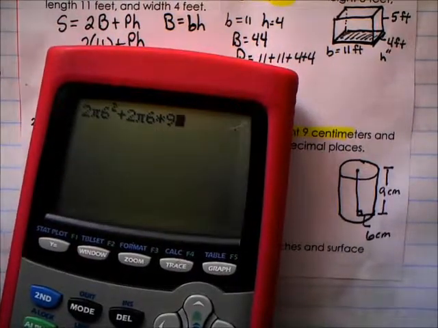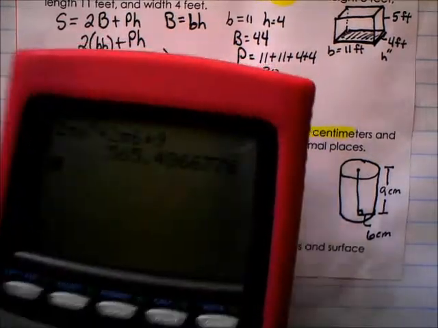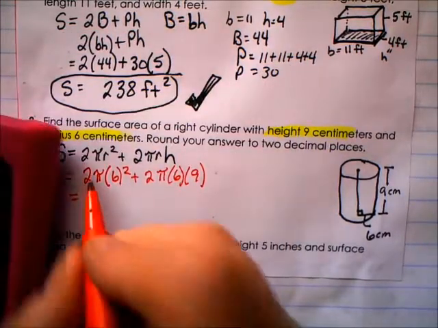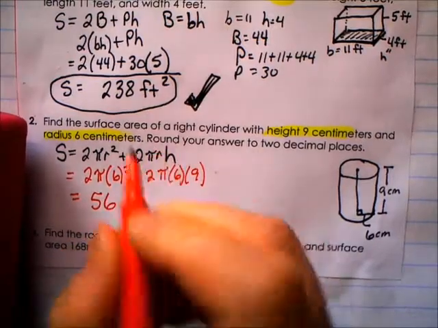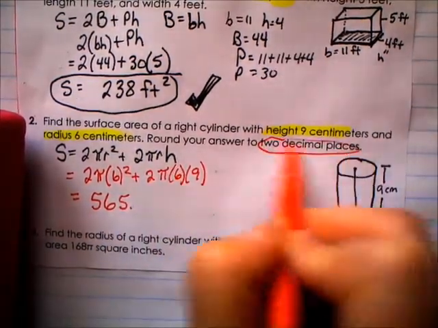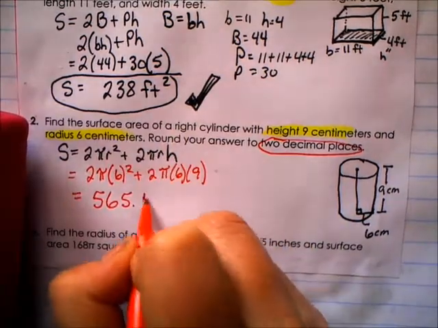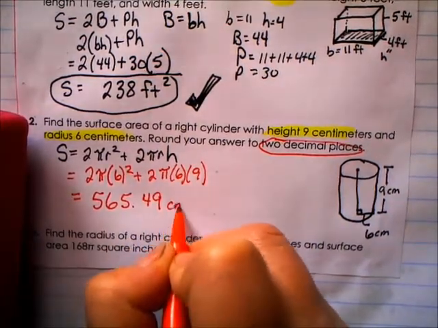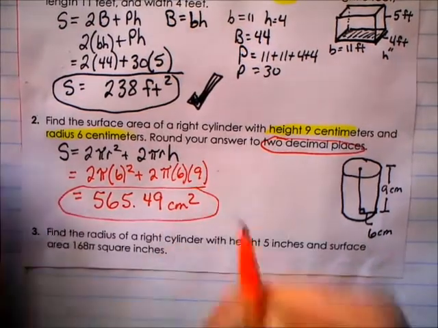I'll get the right numbers. And I push equals, and I have my answer, 565 point, and I also notice here it said 2 decimal places, so this would be 49 centimeters squared. That would be my answer.